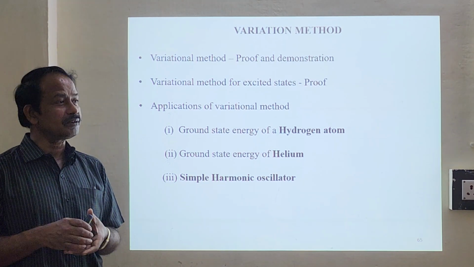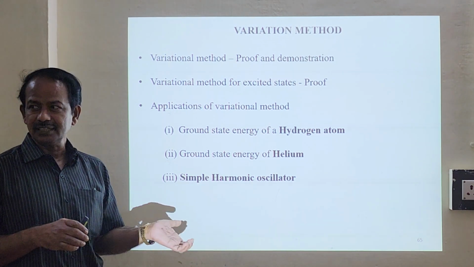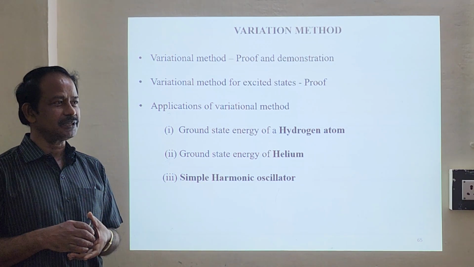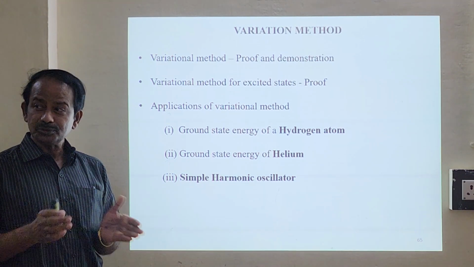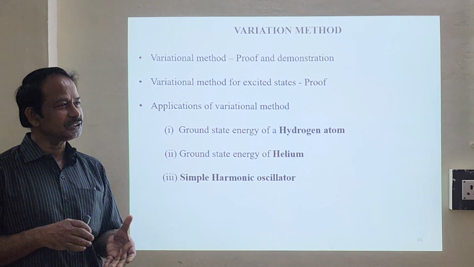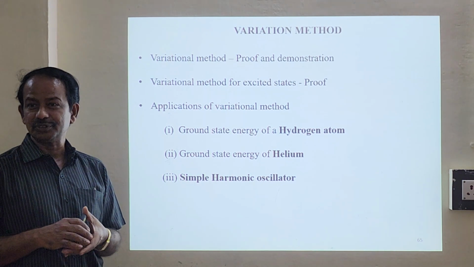A famous example for the degenerate case is the Stark effect, which we discussed in the last class. And in the variation method, which we are going to discuss today, there will be no exact solution. The Hamiltonian will be there, the Schrodinger equation will be there, and we are not able to find any solution.